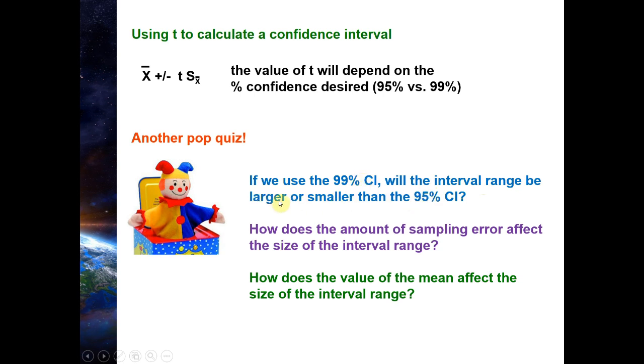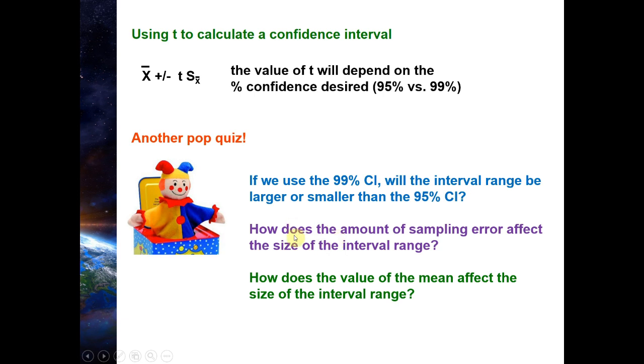Because if we want a greater chance of mu being in the interval, we're going to need a bigger net. We're going to need a larger range of values to increase the probability of being right. Okay, and again, that's true for t and z. You're going to come to the same conclusion.